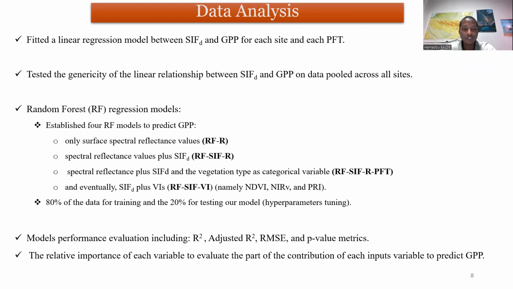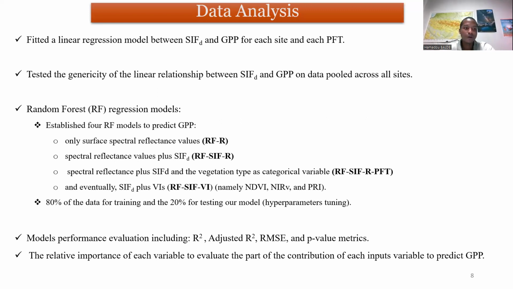In the third model, we are using spectral reflectance, Sun-Induced chlorophyll fluorescence, and a categorical variable to see the effect of the plant functional type on estimating GPP. And lastly, we used Sun-Induced chlorophyll fluorescence plus vegetation indexes to estimate GPP.